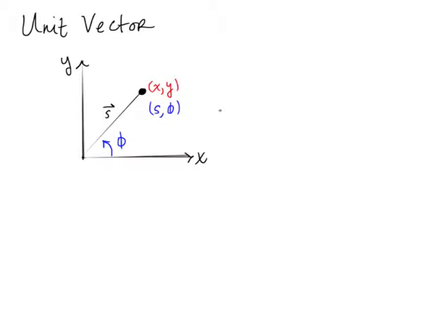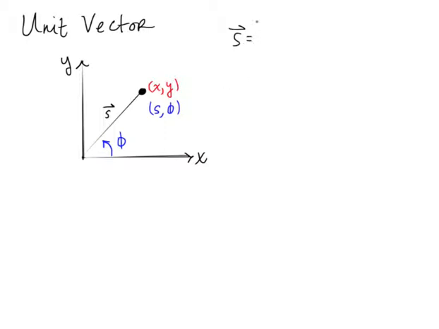So how can we write s in terms of Cartesian, and then how can we write s in terms of s and phi?